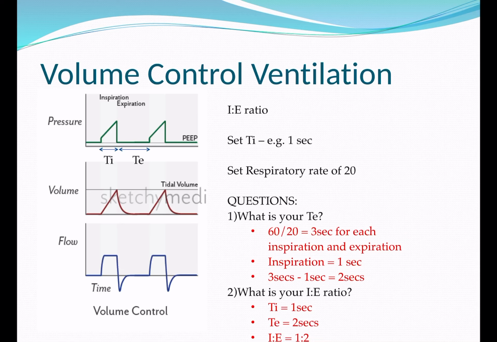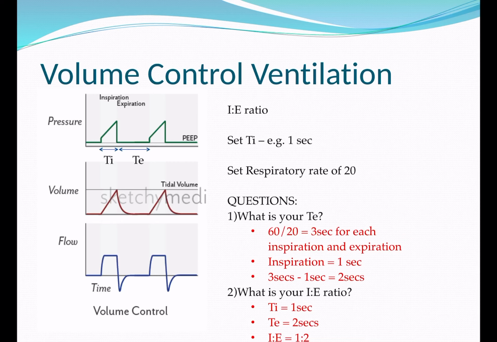The other way that you can do it is by changing your respiratory rate. So for example, if you have a respiratory rate of only 10, that means each breath cycle, the time between an inspiration to inspiration, has gone from 3 seconds to 6 seconds. So now your respiratory time is 6 seconds.